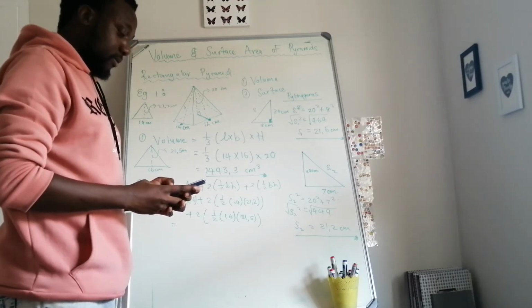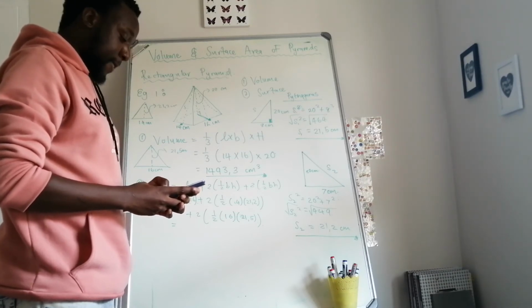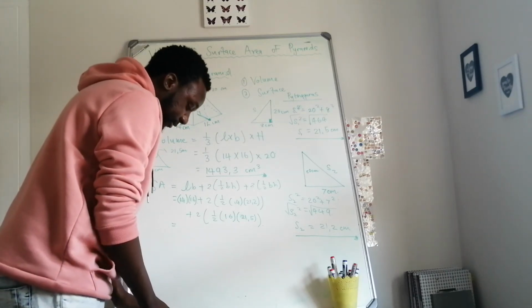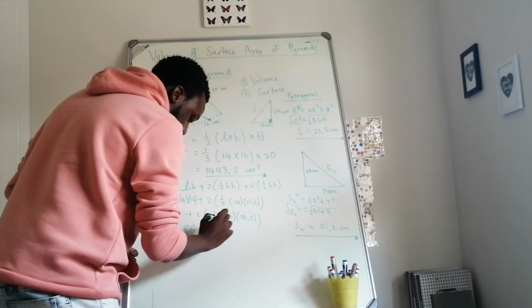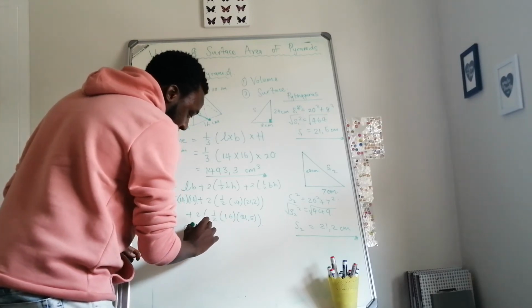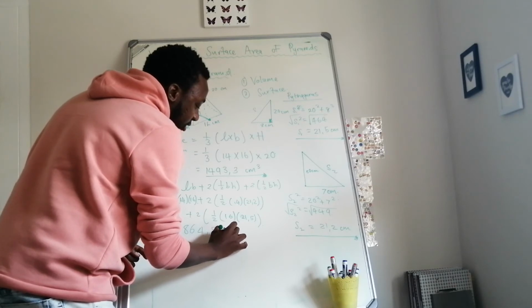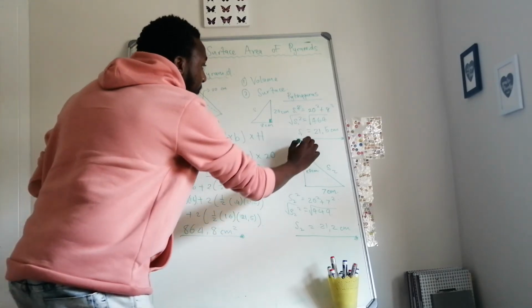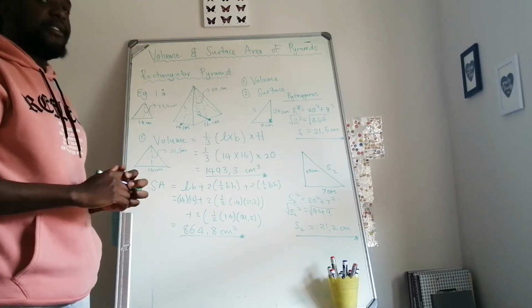Plus 2. So I get 864.8 centimeters square. So that's what I find for my surface area.